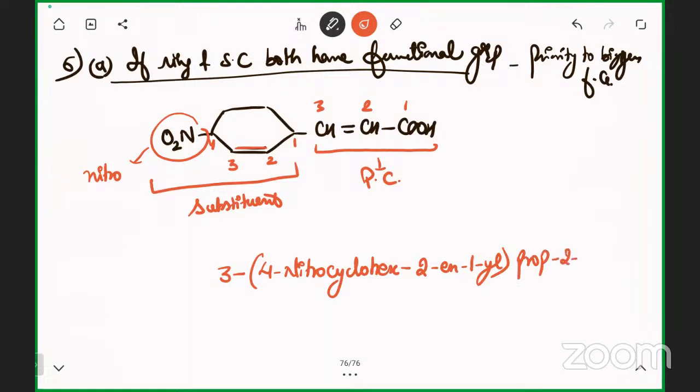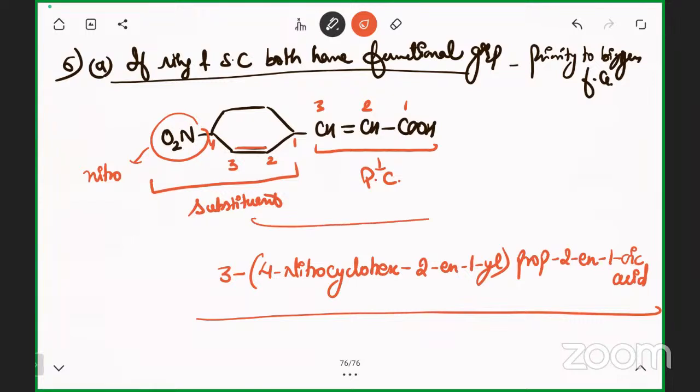Then on the second position, we have double bond, 2-en, then 1-oic acid. So first I have mentioned the name of this substituent. From here to here, this is the name of the substituent. Then the side chain is this one. Clear? Yes, sir.